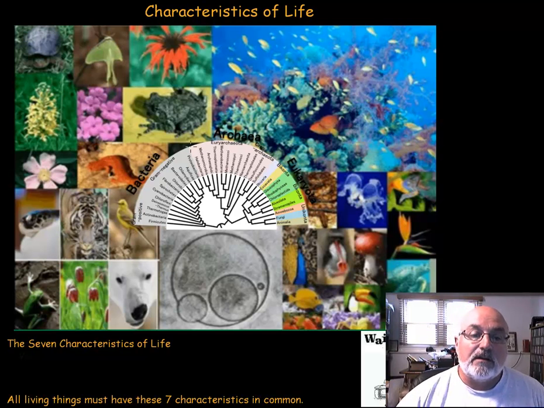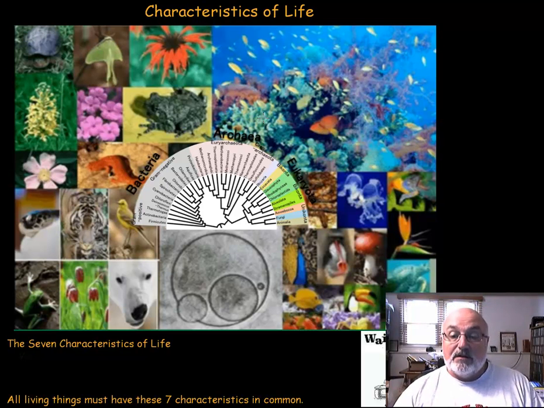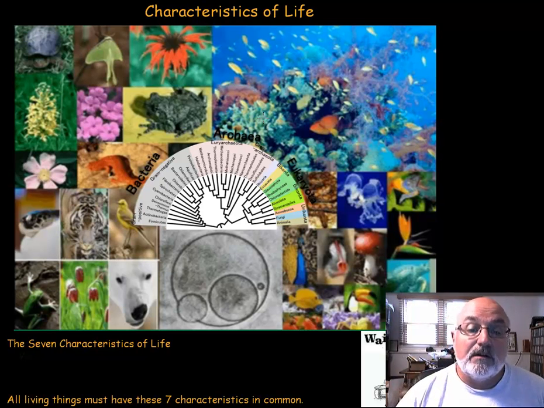This first picture I'd like you to take a look at. This gives you a very small spattering of what is actually alive on the planet, from small things to large things, from animals to plants, to single-celled organisms, unicellular, to multicellular.